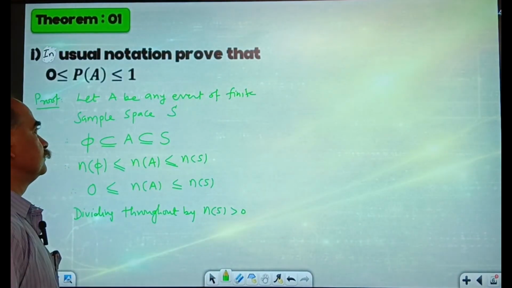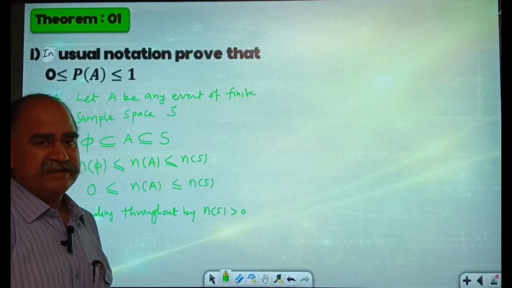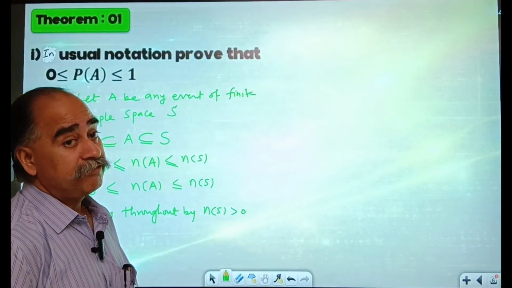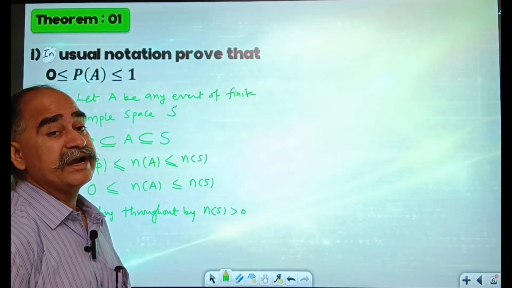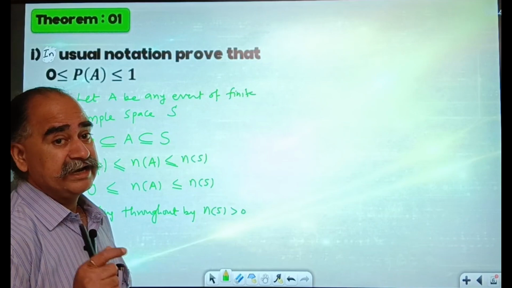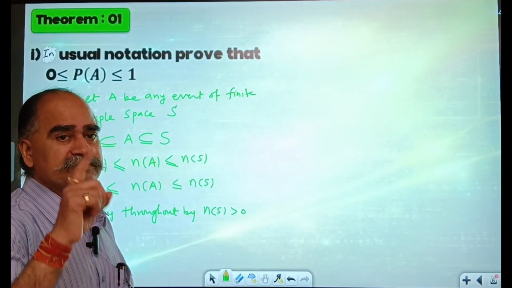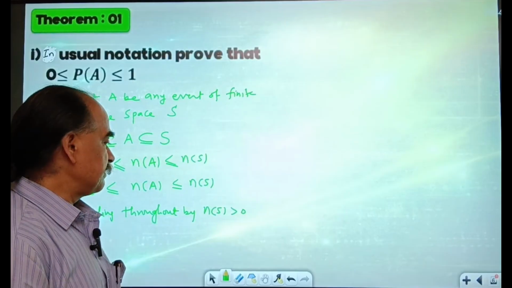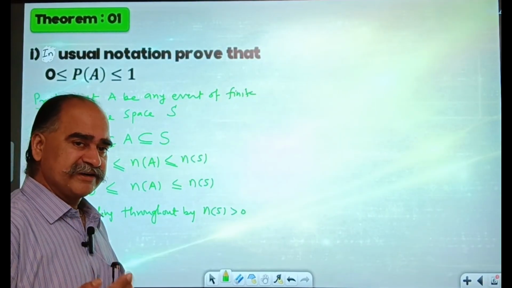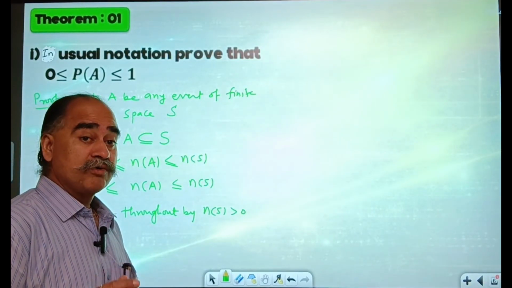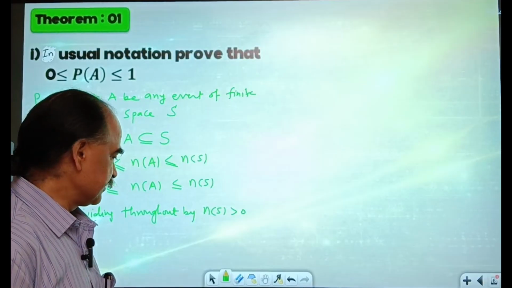greater than 0. Why is n(S) greater than 0? For this you must know random experiment: an experiment which gives one or more outcomes. If it gives one outcome, then the sample space will have one point, which is greater than 0. More outcomes means it is always greater than 0.